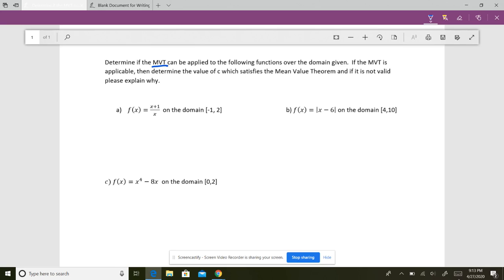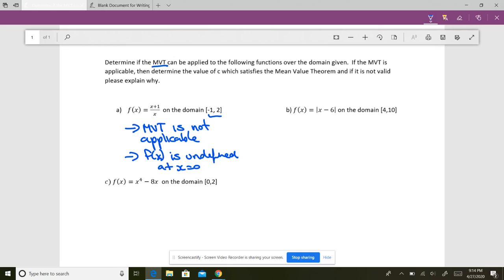1 over x plus 1 over the domain negative 1. The MVT is not applicable. Why not? It is because there is an undefined point, f of x is undefined at x equals 0, a vertical asymptote, and that is in the middle of our domain.